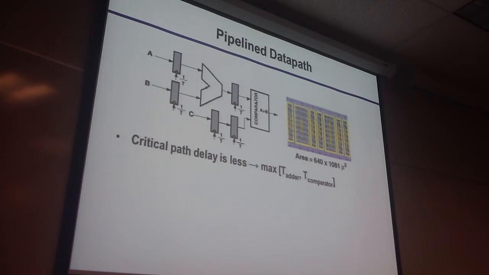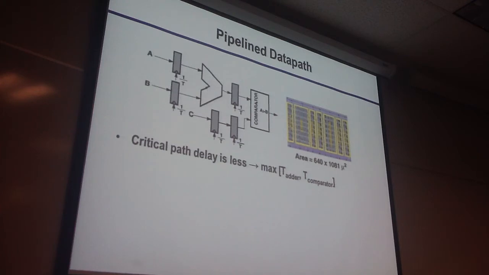Pipeline data path. Okay, in pipelining, you guys know what pipeline means? It's like when they make cars, they don't make one car entirely and then finish it. What they do is that some guy does the seat, some guy does the engine, some guy. So it's in a pipeline manner. Same thing happens here.